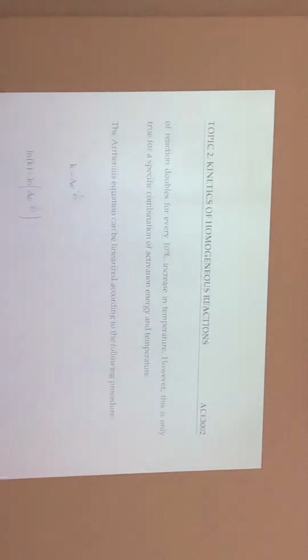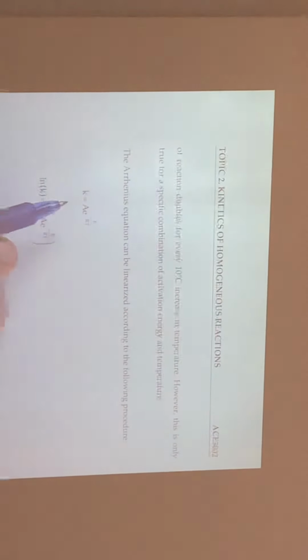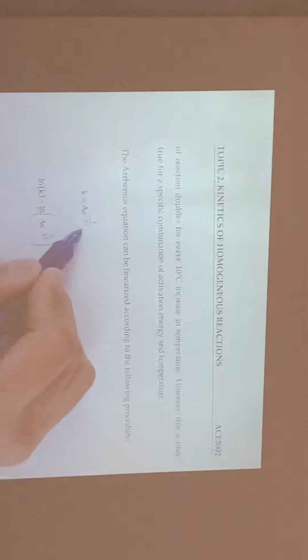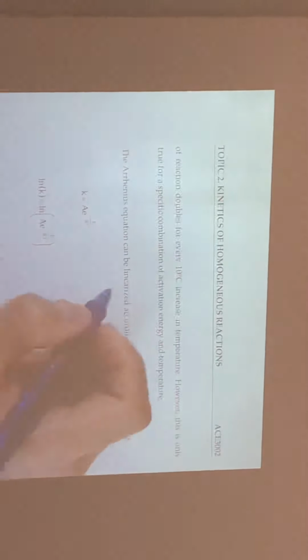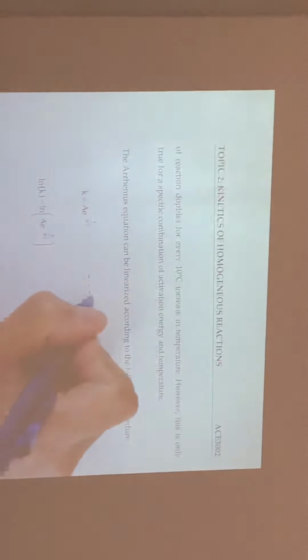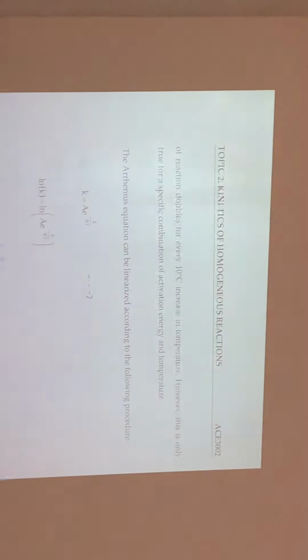How can we actually get the information? This is the Arrhenius equation. How can we use this equation in order to find out what k is? Basically, the main concept is we have to convert this Arrhenius equation into something whose information you can use to plot your graph.